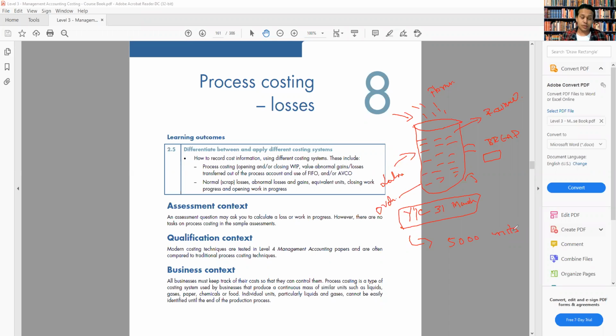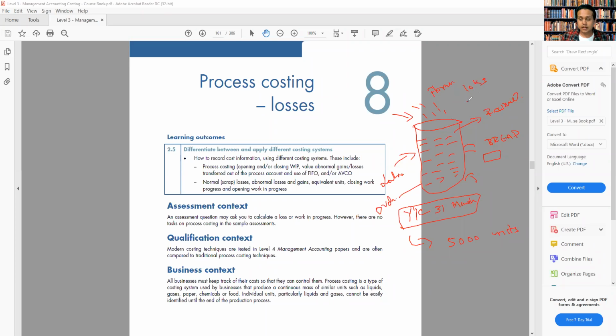So on 31st of March, I went to the factory and I checked the machine and I estimated the amount of units inside of this machine. For example, let's say I have 10 kilo of flour here.